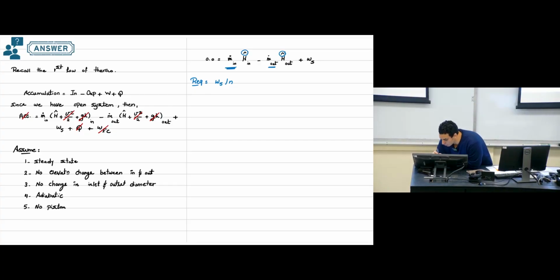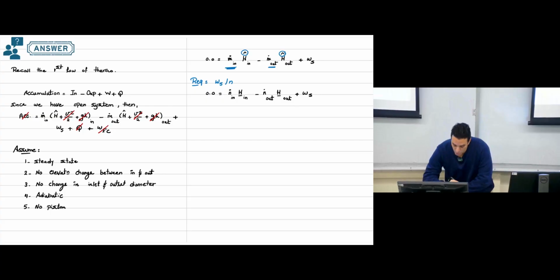The same equation can be written on a molar basis: 0 equals molar flow rate of the inlet times molar enthalpy of the inlet minus molar flow rate of the outlet times molar enthalpy of the outlet plus shaft work.